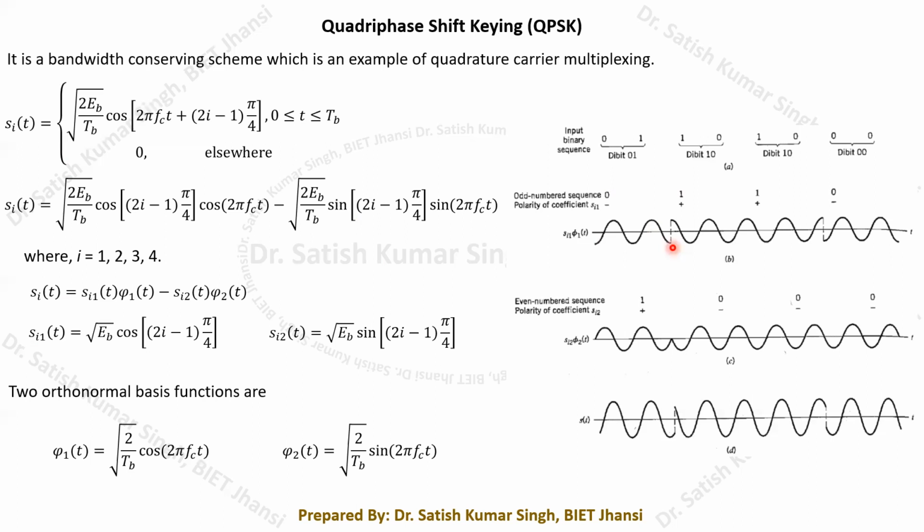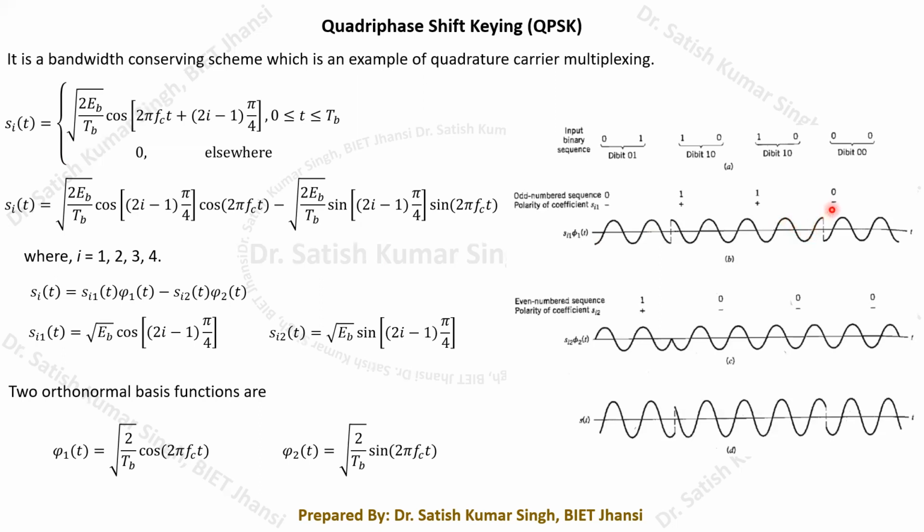Now, when this odd number sequence is equal to 1, the polarity should be positive. Positive means we have the cosine function, which again starts as the cosine function itself and repeats for the duration of 2 TB. Again we get positive, so the same waveform keeps repeating till the next 2 TB duration.